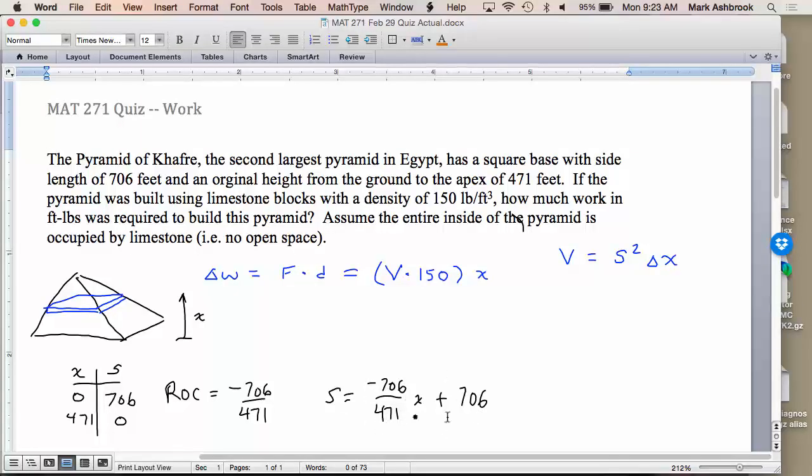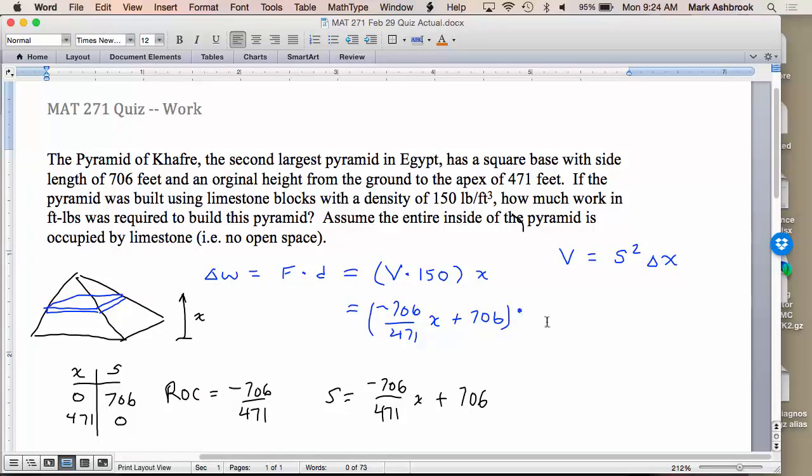So there's my relationship between s and x, making my volume equal to that thing squared. I only want to write it once, so we'll write it over here. The volume is going to be the negative 706 over 471 x plus 706.